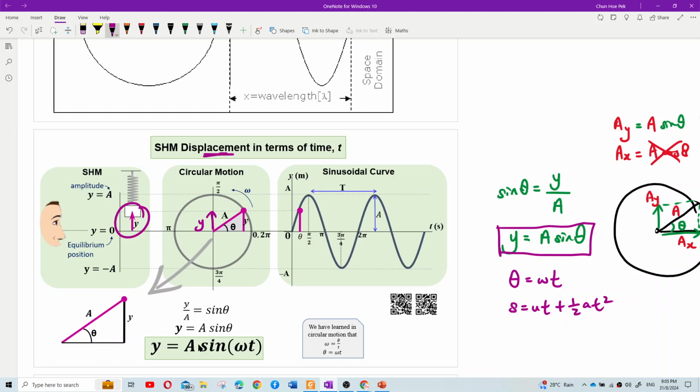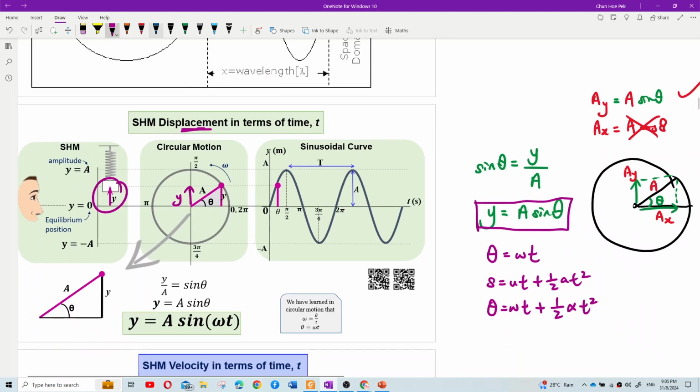We also learn about theta equal to omega t plus half alpha t square. But this alpha is 0. Do you know why? Because uniform circular motion. The period is constant.